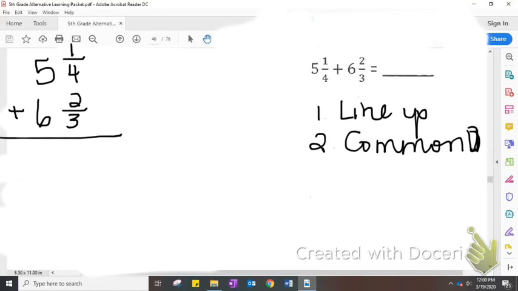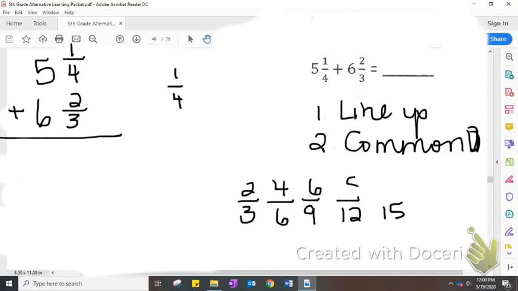All right. So let's skip count 2/3 and we'll skip count 1/4. 3, 6, 9, 12, 15, 2, 4, 6, 8, 10. All right, 1/4. 4, 8, 12, 16, 1, 2, 3, 4.